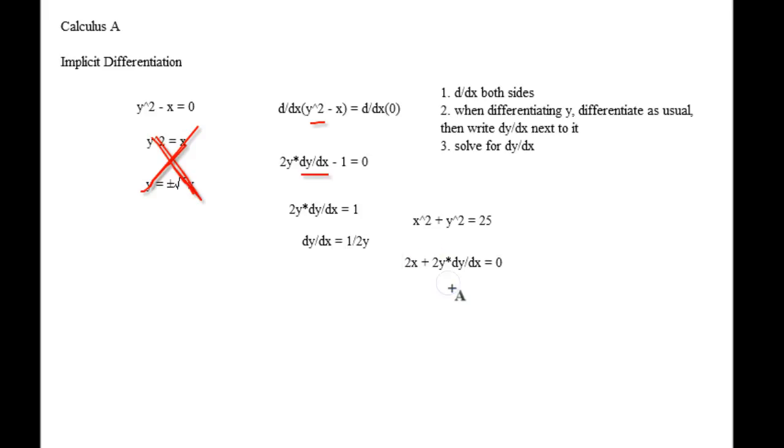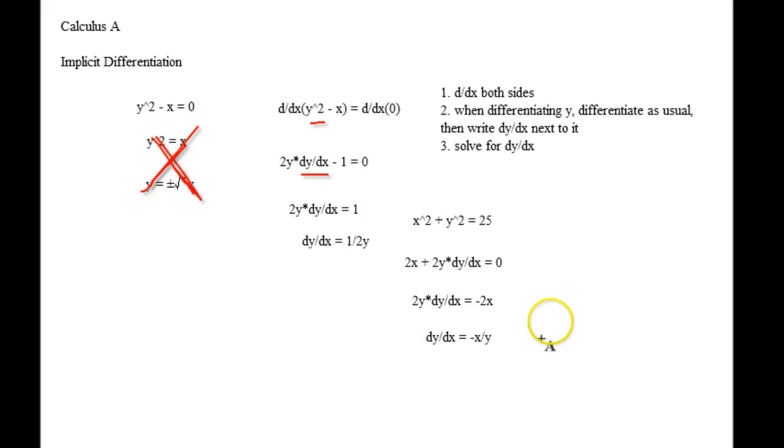Okay, so I differentiated both sides. Okay, and I wrote the dy dx next to it, and I just differentiated like usual. Alright, so I minus the 2x to both sides, so I have 2y times dy slash dx equals negative 2x. Okay, so that's pretty simple. And now I'm going to divide both sides by 2y, so I should get dy slash dx equals negative x divided by y.